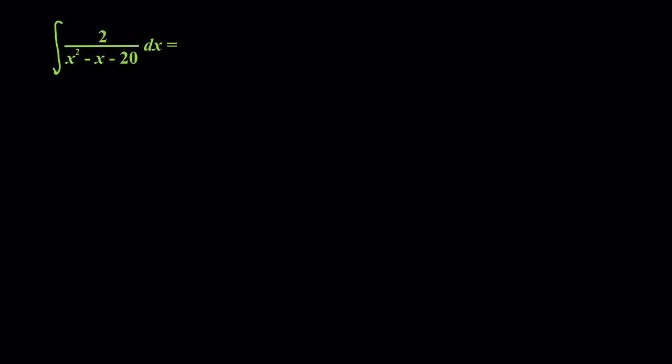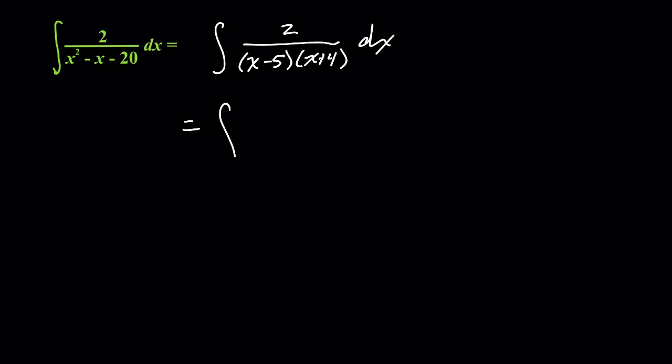All right, so the next one, let's go ahead and factor first. So you're going to have 2 over x minus 5 multiplied by x plus 4. You're going to have something over x minus 5 plus something over x plus 4.